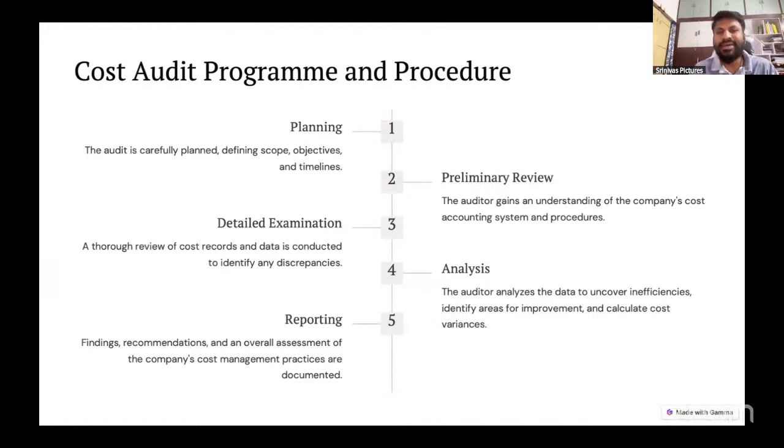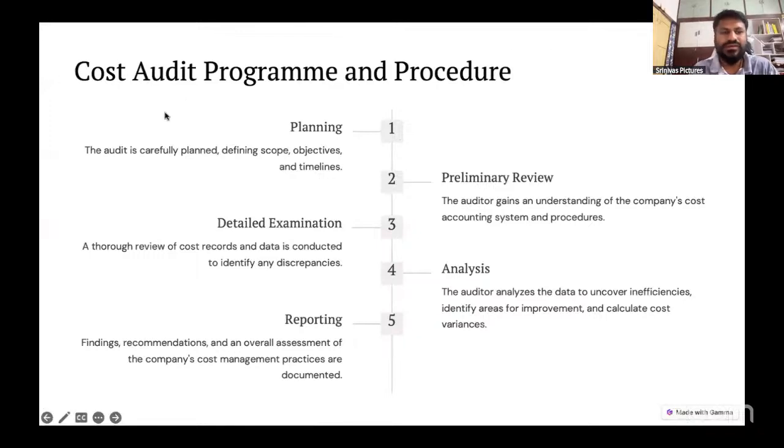Cost audit program and procedure. First we require planning, then preliminary review, then detailed examination, then analysis, then reporting. So here is the procedure.